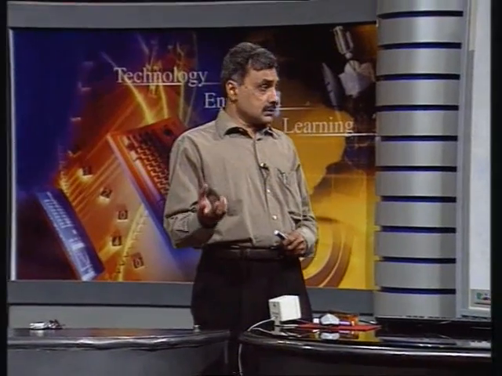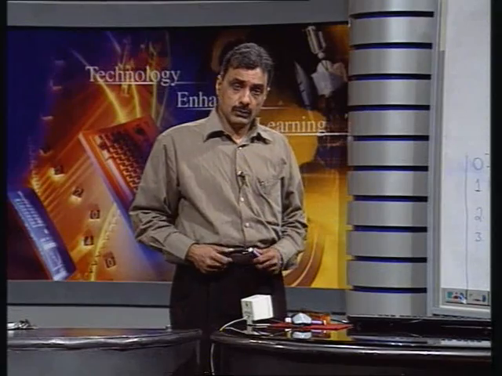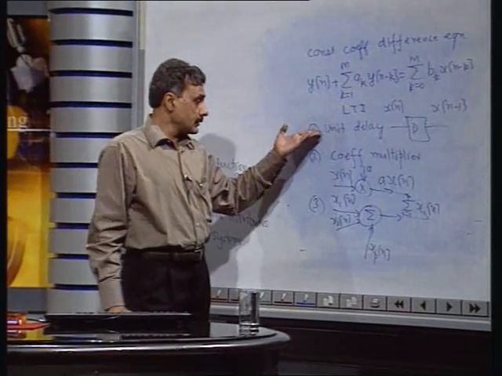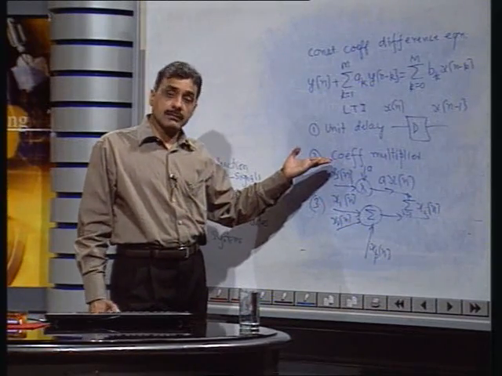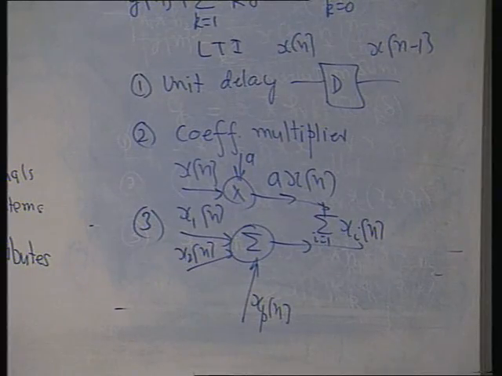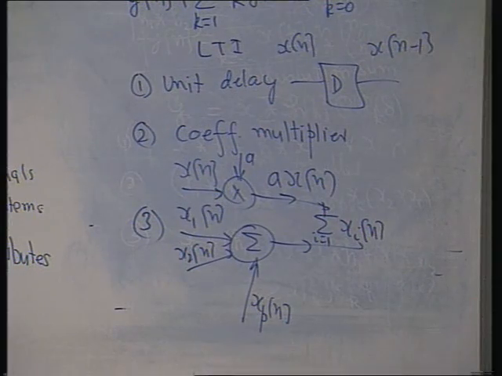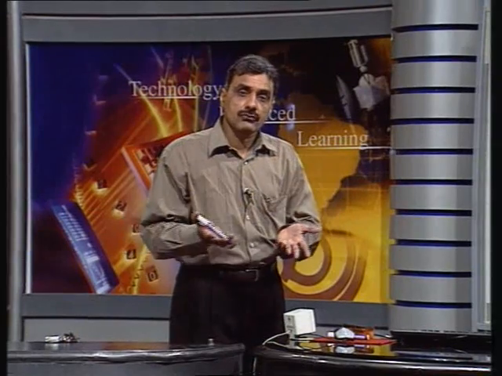All these 3 basic operations can be very easily realized on a computer. You can have a small processor which can provide a software delay. Multiplication is anyway a job of a computer, and an adder is also a job of a computer. So whatever processing we do in the continuous domain can actually be done in the discrete domain. If we can find the realization of a system in the discrete domain, then the entire operation can be realized in software.